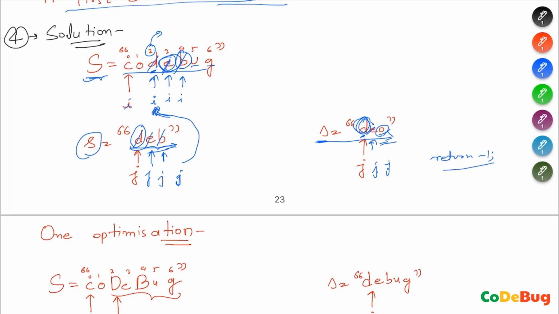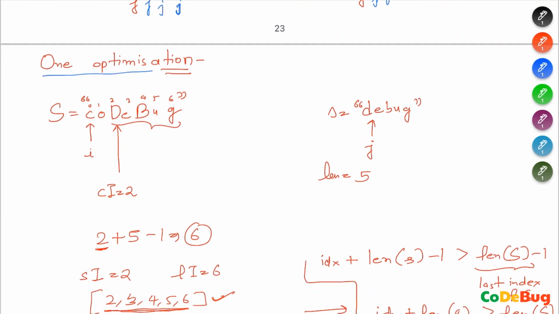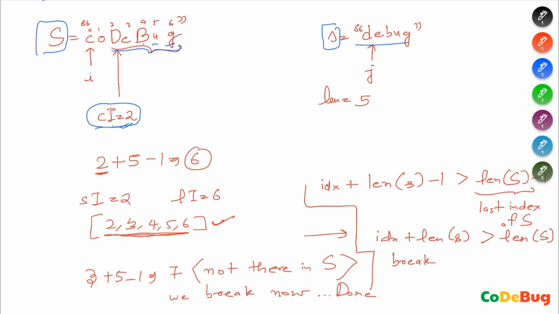So this looks like an algorithm that could work. However, can we do some optimization in this? Actually we can. Let's say our string is CO, capital D, E, capital B, U and G. This is our haystack, and our needle is DEBUG. At index I equal to 2, the current index from where we want to look if our needle is there in the haystack or not, we add the length of the needle, which is 5, and subtract 1 from it.